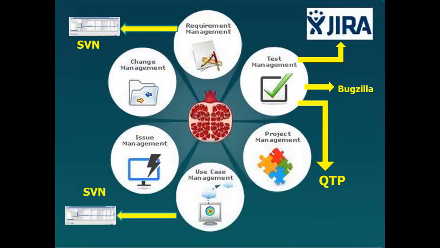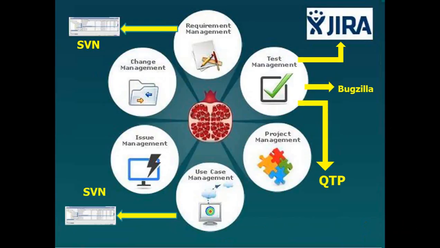We have been also working very diligently to integrate with other tools, only because when we see another tool that can provide richness to Rommana ALM, we integrate with it. For example, Rommana ALM integrates with QTP, Quick Test Pro from HP, because Rommana ALM does not execute your tests.